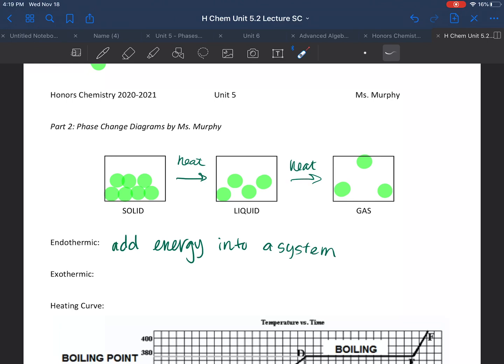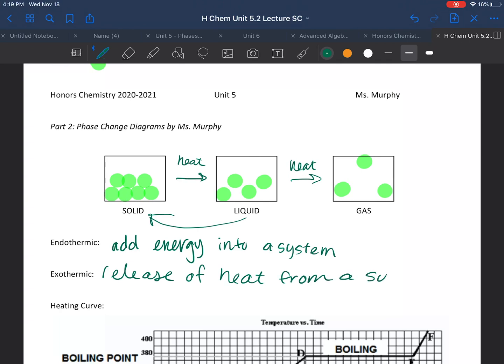But remember, we also talked about processes of going, for example, back from a liquid to a solid. This is exothermic because you are releasing heat into your surroundings. So this is what we call the release of heat from a system to its surroundings.